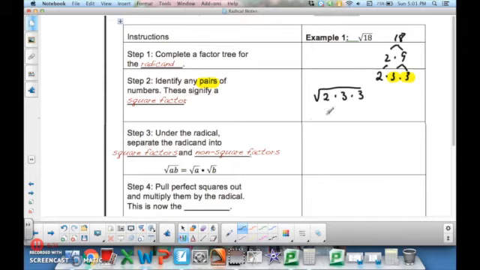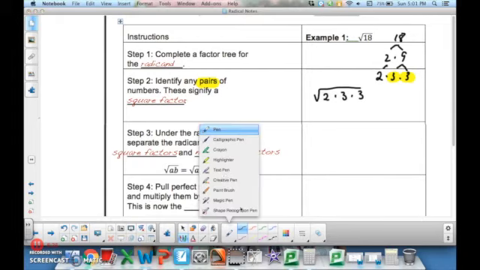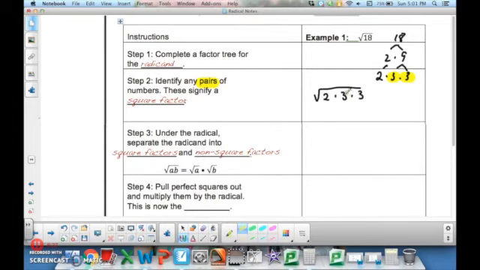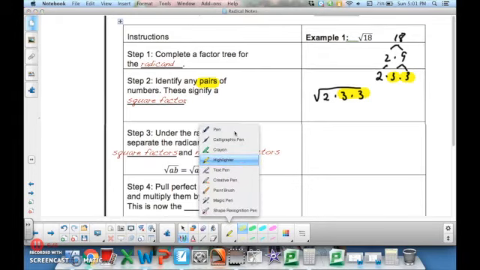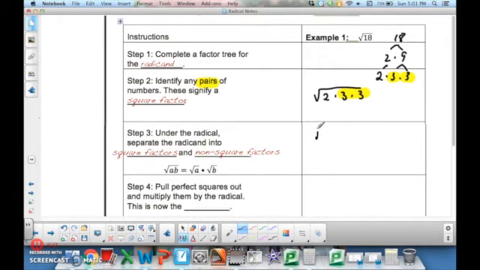So what I'm going to do here is look at this as the square root of 2 times those pairs right there. So the square root of 2, there's my pair that signifies that square factor. So what I'm going to do now is write it as the square root of 2 times, except I'm going to do this another way.